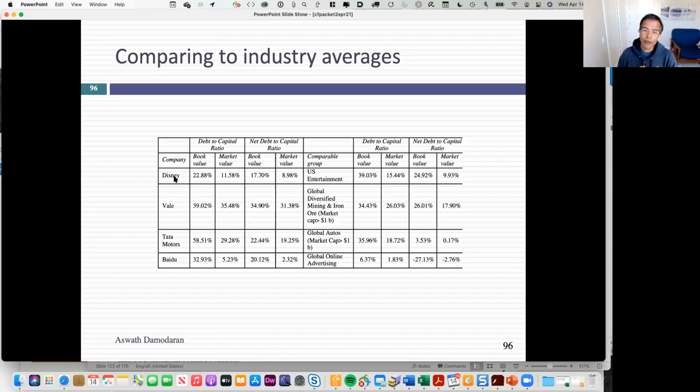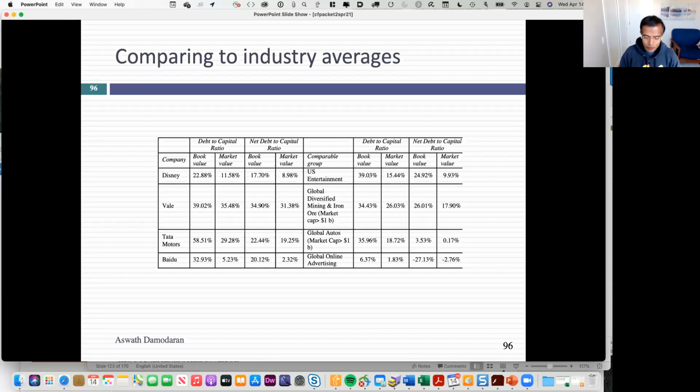So let's take Disney. Remember, by this point in time, what am I finding in Disney? That it has too little debt, right? The cost of capital approach found that it had too little debt, the enhanced cost of capital, and the adjusted present value approach. I'm trying to sell this to Disney. I know the question they're going to ask is, if we do this, are we going to look strange? We go to a 40% debt ratio.